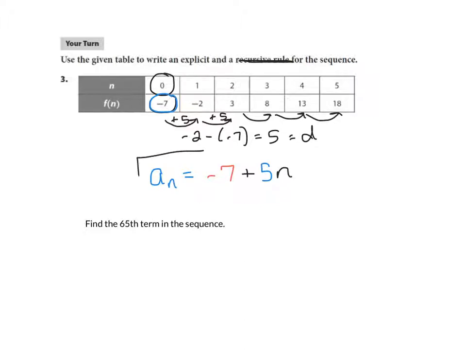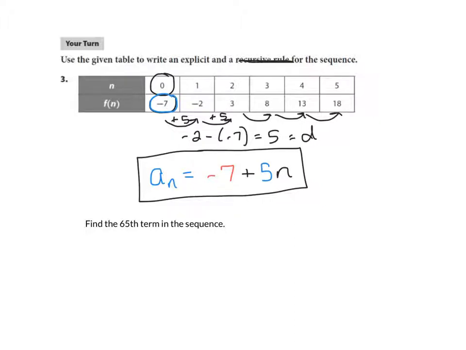So there is our explicit rule. Now to double check this, let's take a number up here. Let's take 4. And let's plug in 4 here. 5 times 4 is 20. Minus 7 is 13. Is that what we want to get out? Yes. So we most likely have the right equation.